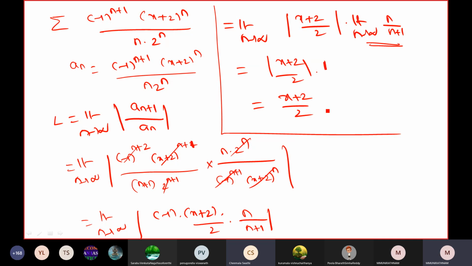Is it okay? Now can you tell, converges for minus 4 less than x less than 0.